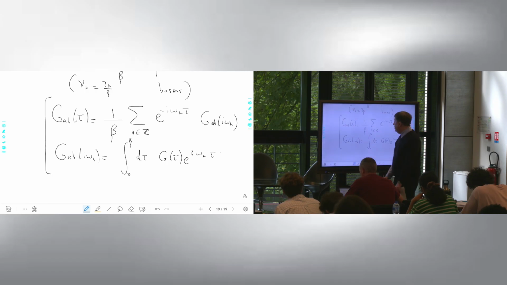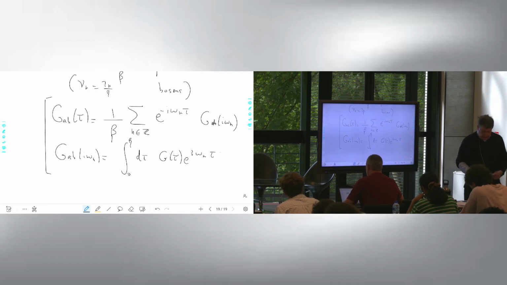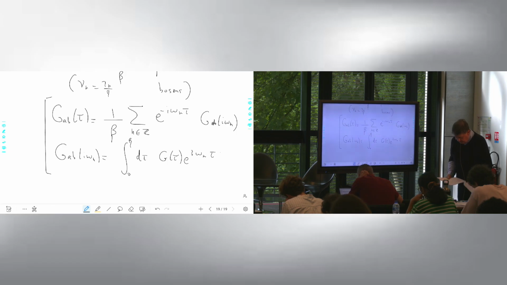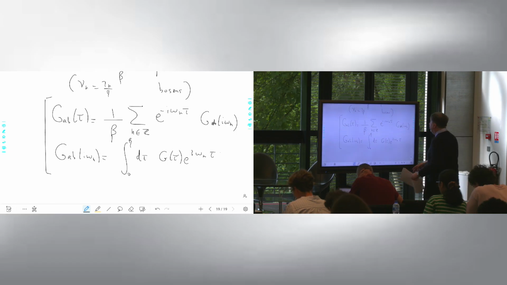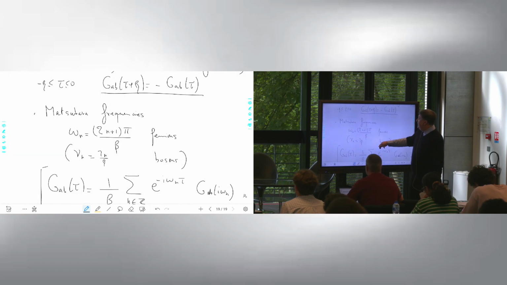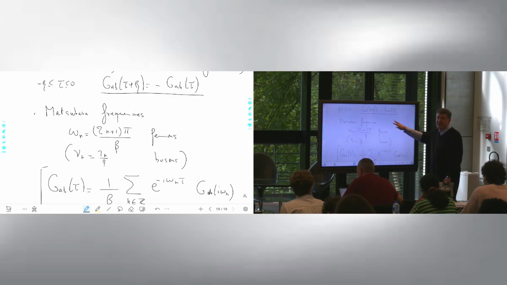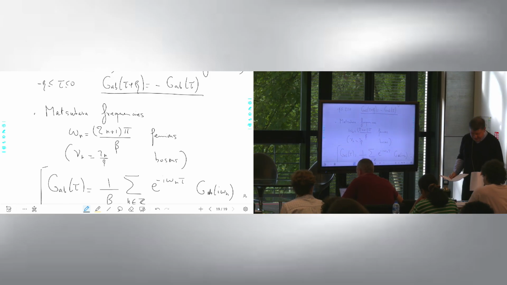These are the two transformation relations which we will need to use. Check and make sure I did not make a typo. Good. I leave that as an exercise. If you don't know how to do that, ask me. I'll show it later.